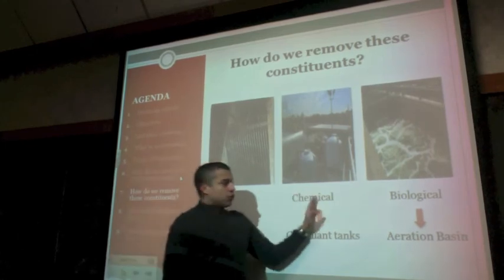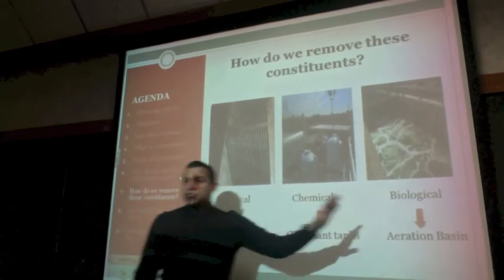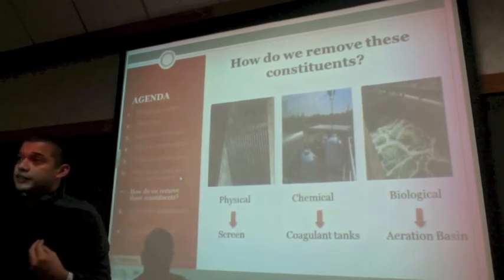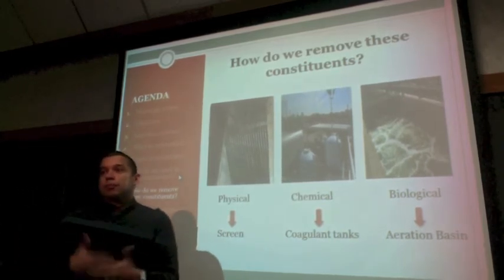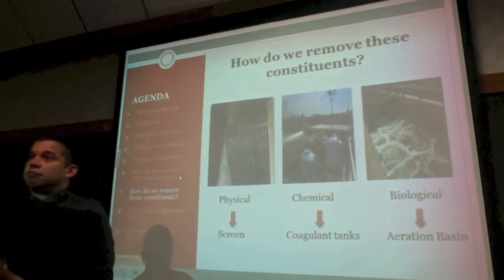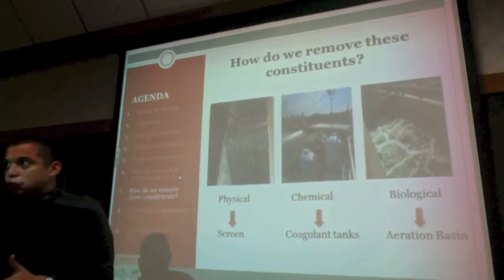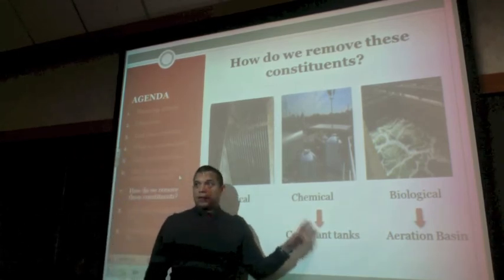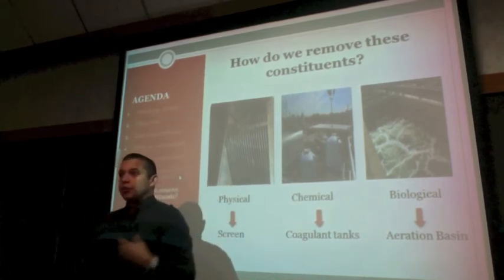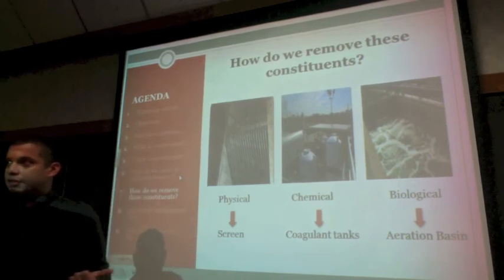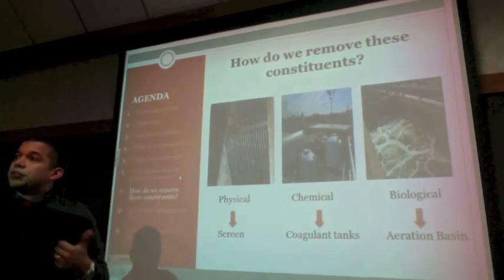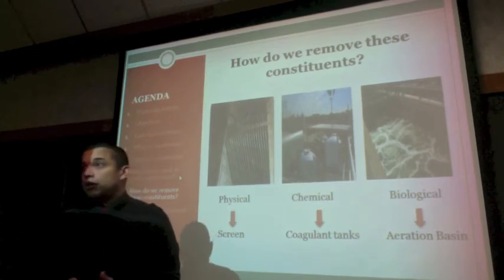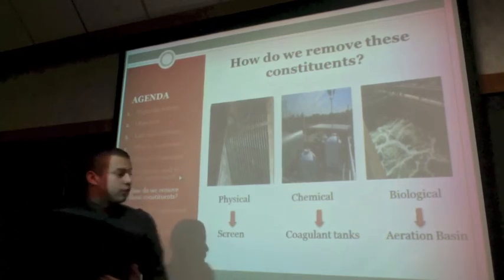But you also have the chemical and the biological processes to separate dissolved solids, which are more complicated to separate and more expensive to implement. But they are also very important in a plant process, because thanks to these processes, you are going to be able to reuse the water the way you want, for irrigation or for human consumption, like drinking.